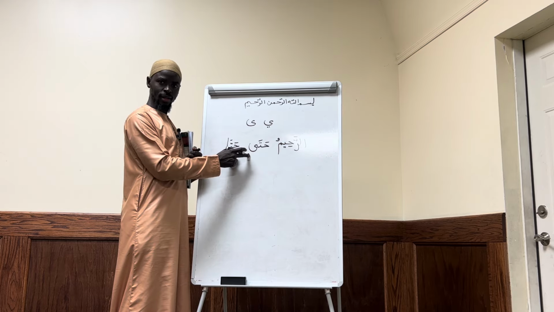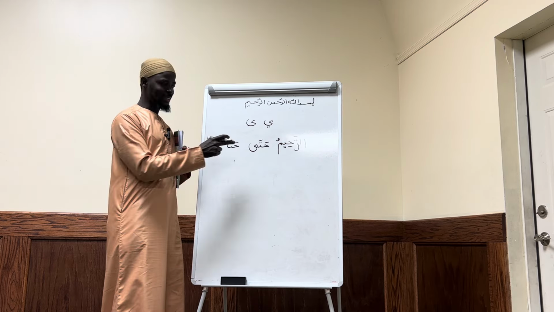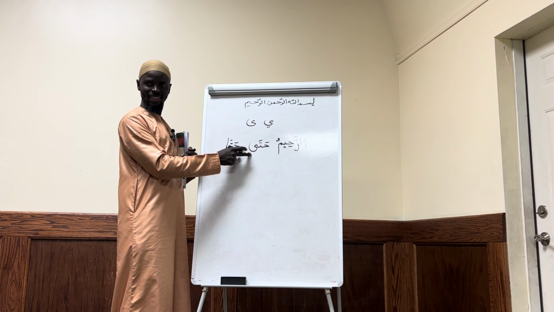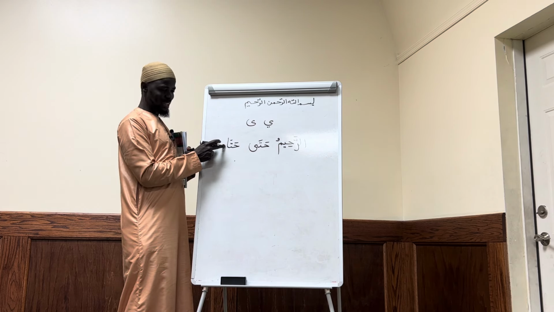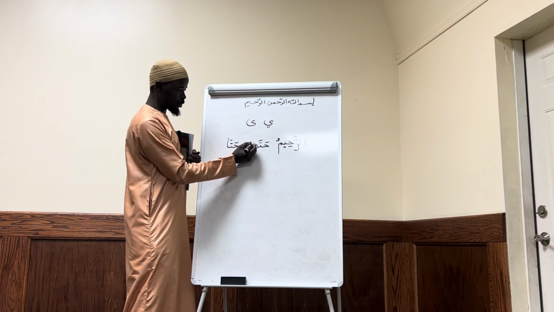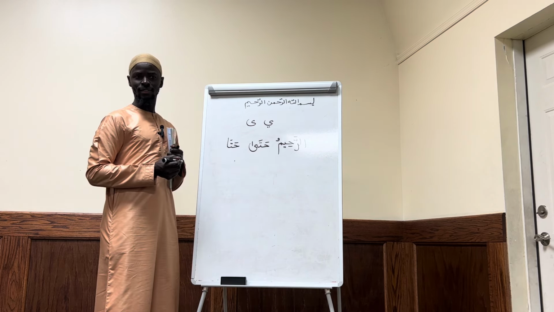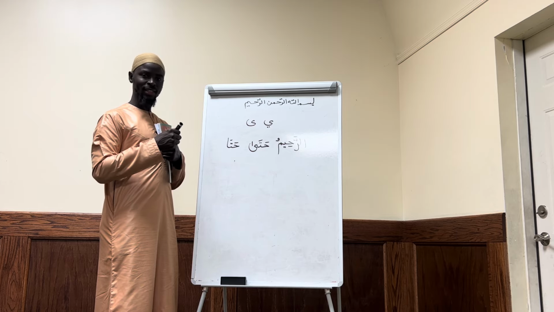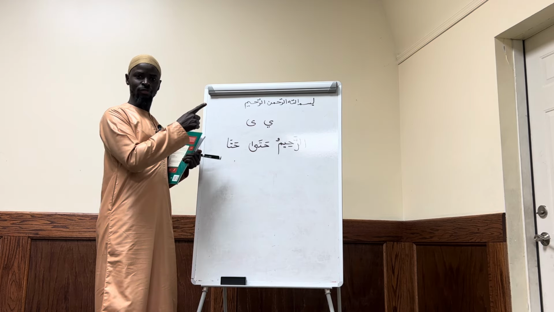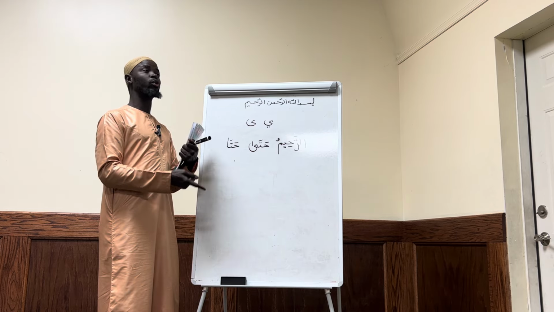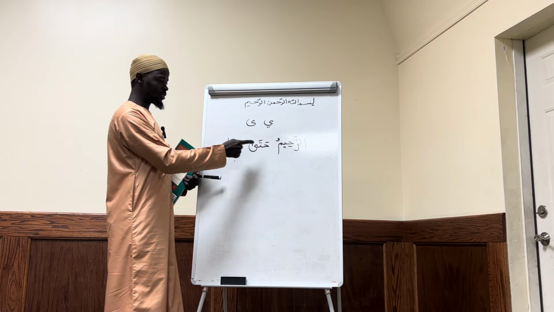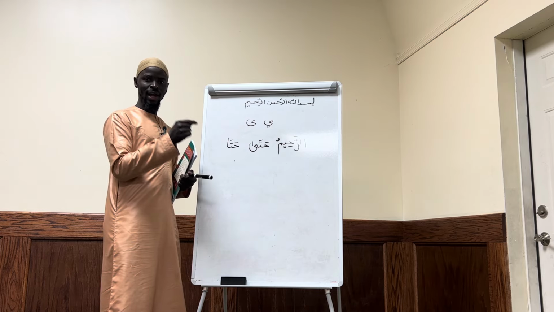Originally, the ya is alif. You understand? So always if you see it, they will put a small alif on top of the ya. That means this is originally alif. If you go back to the original word of this hatta, it is hattaya.